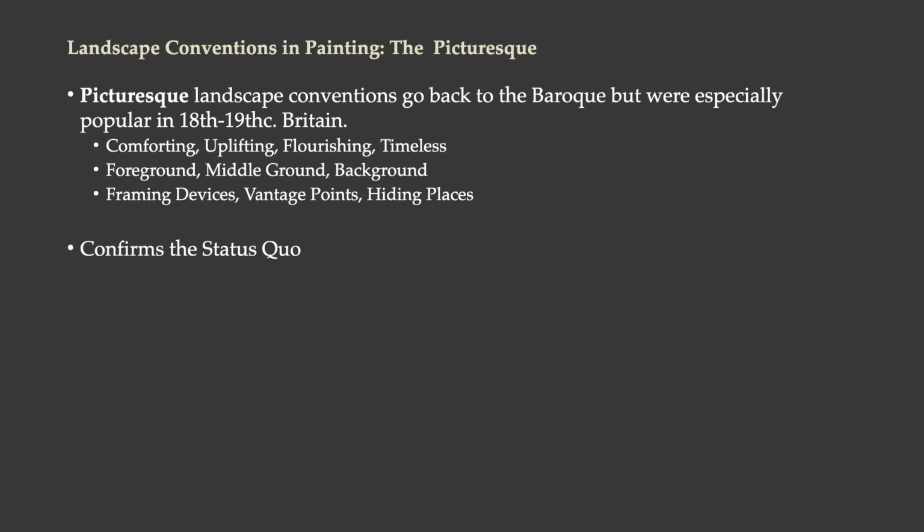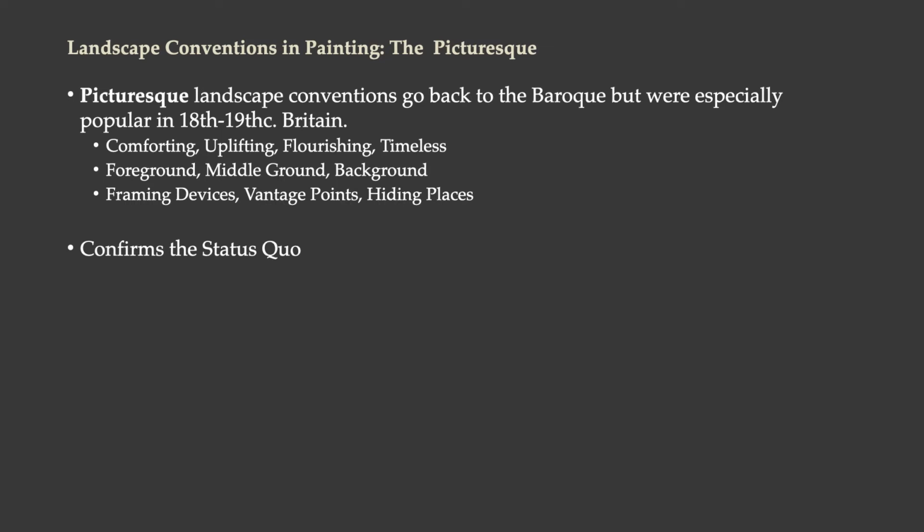Compositionally speaking, there's a clear sense of foreground, middle ground, and background in these paintings, a convention that goes back to the 16th century. There are framing devices that make the viewer feel like they know where they stand. They make you feel grounded, and everything in front of you seems stable and visually makes sense from the viewer's vantage point.